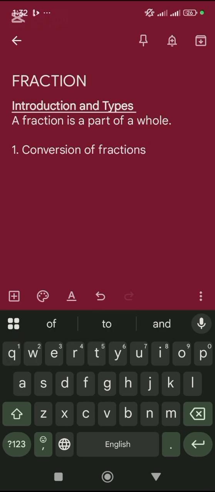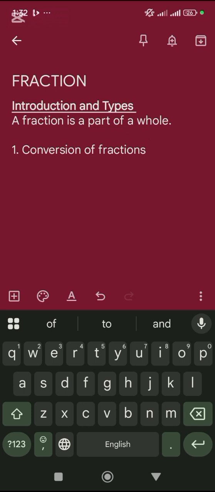That is, we can convert fractions from one type to another type. We can also convert a fraction to a percentage, or even a fraction to decimals.